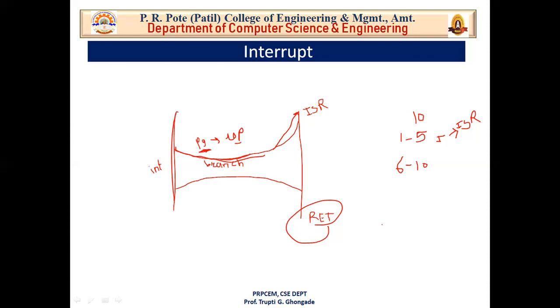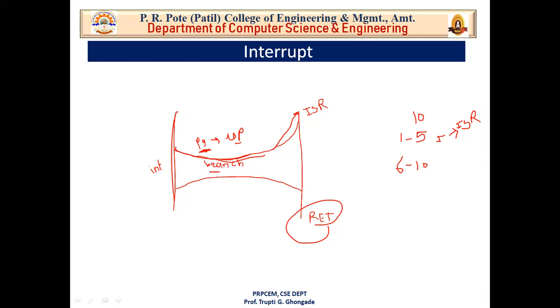Now, the first basic thing that we have to learn is that when an interrupt occurs, the processor has to go to the ISR. This is a branch.